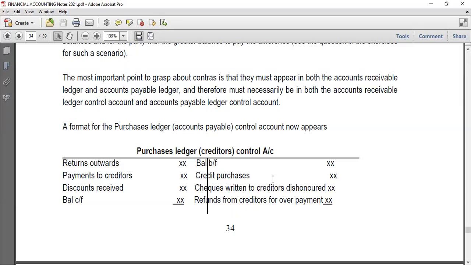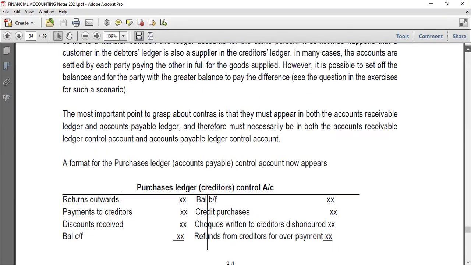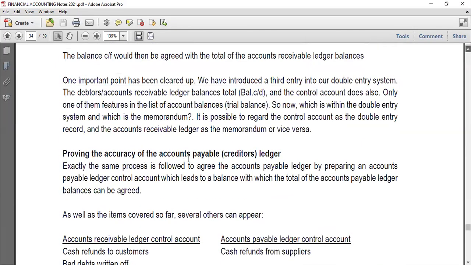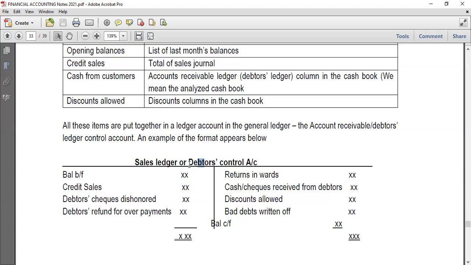So what I just want to explain something small here, that the accounts receivable, this that we have just looked at up here, can be called the debtors control account. It can also be called the accounts receivable control account, but it can also be called the sales ledger control account.